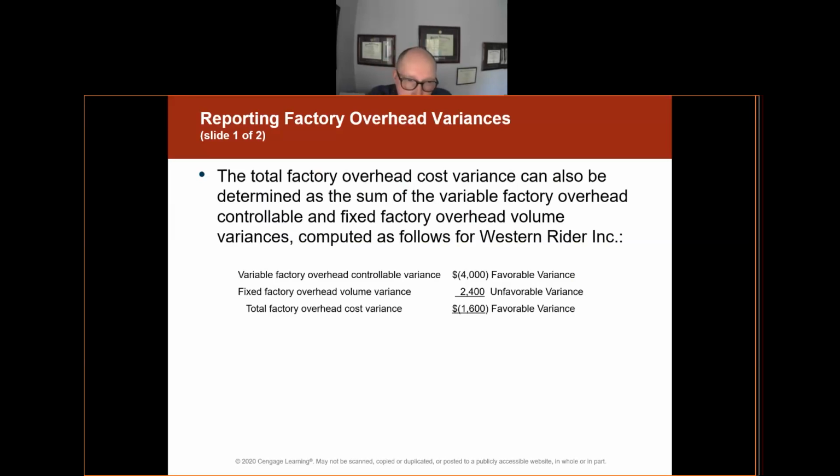And our fixed factory overhead variance was 2,400, unfavorable because it came in greater than our budget. That gave us a total factory overhead variance of 1,600, favorable, which is why our total factory overhead variance was favorable. It came in less than the budget amount.